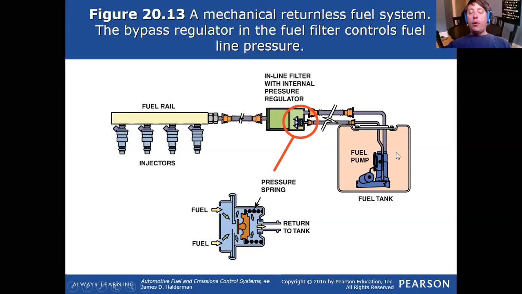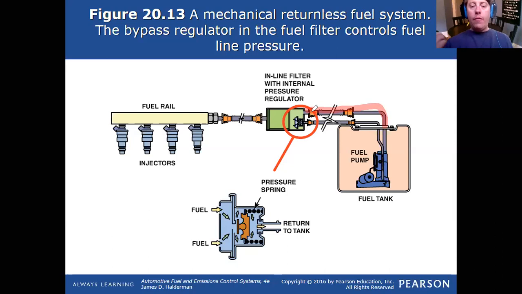Let me get animations, whatever they call that, pulled up. So fuel is going to leave the pump, leave the tank, just like a normal return system. But immediately after leaving the pump and the tank, it's going to hit a filter that's located very, very close to the tank, maybe within a foot or two.